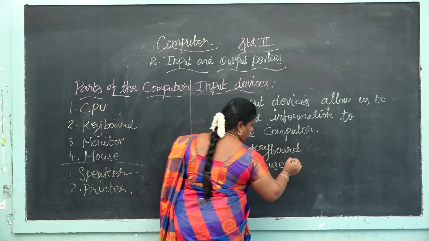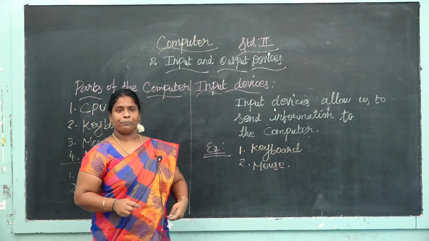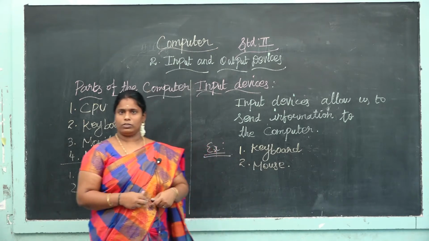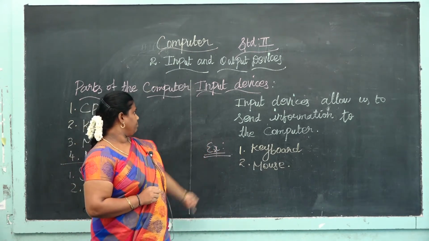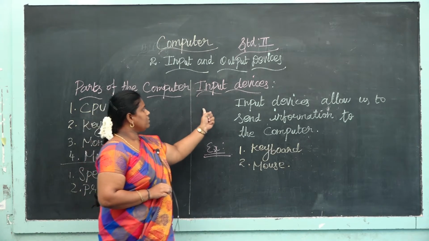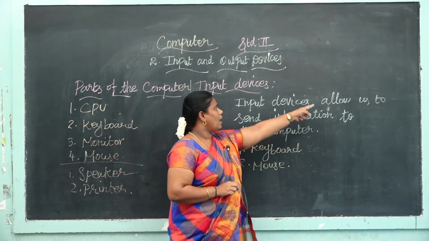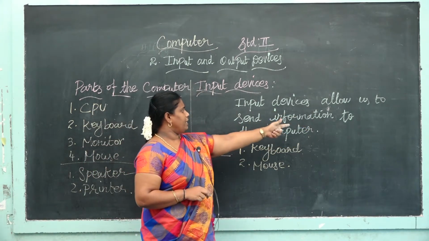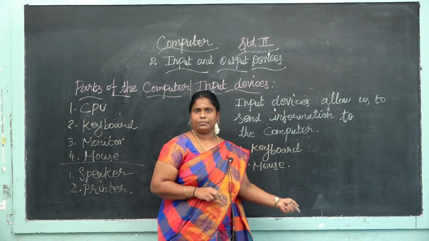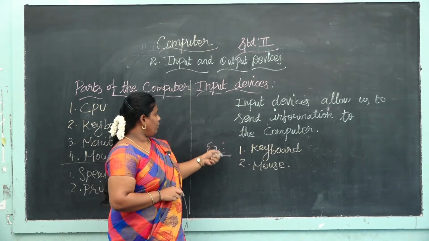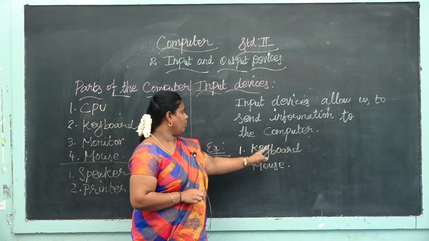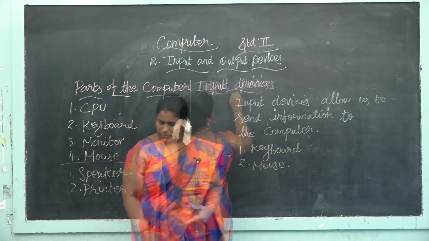Mouse. These are input devices. Okay ma? All of you take your notes and note that. Are you clear? Examples of input devices: first one, keyboard; second one, mouse.